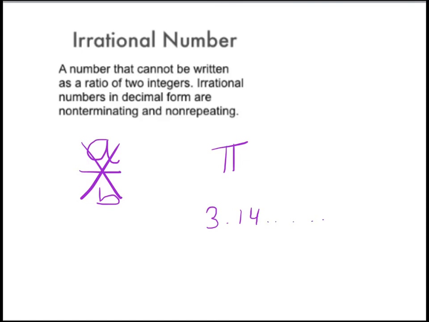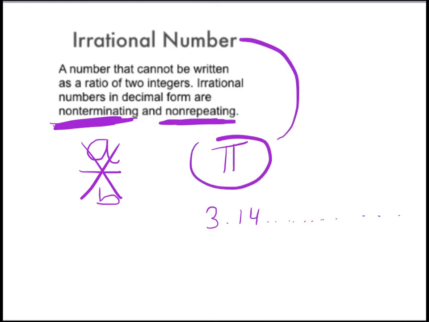It's non-terminating, so it doesn't stop. Pi goes on forever, indefinitely, and it's non-repeating. The digits don't repeat. So here's an example of an irrational number. Radical 2 would be another example of an irrational number.